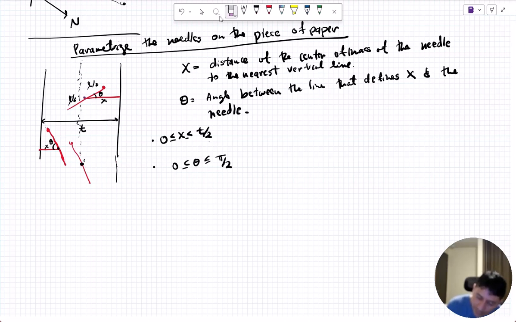Well, let's make this more obvious. Here's my needle, and here is x. Now, here's the line, since this needle fell on the rightmost side, right?